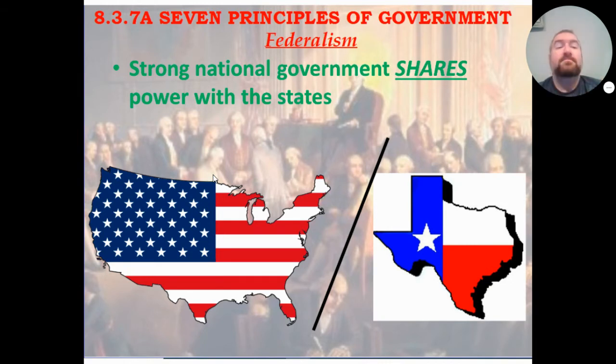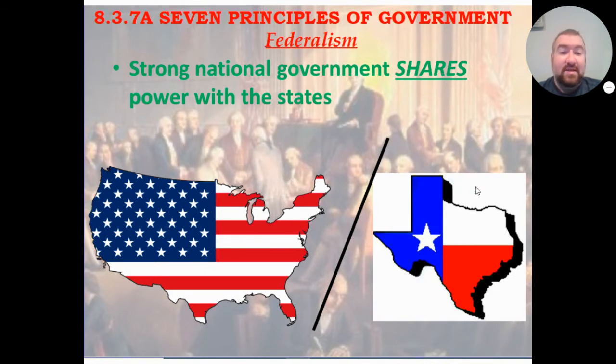For example, taxes. The federal government will collect taxes on certain items. The state of Texas collects taxes on certain other items. But the bottom line is, in both cases, they collect taxes. And this is the most important thing to say about federalism. A lot of students confuse federalism with separation of powers. Remember, in some cases, these are separate.